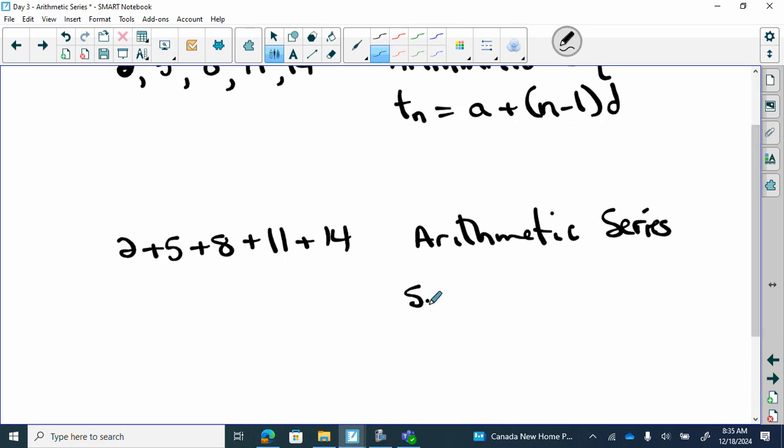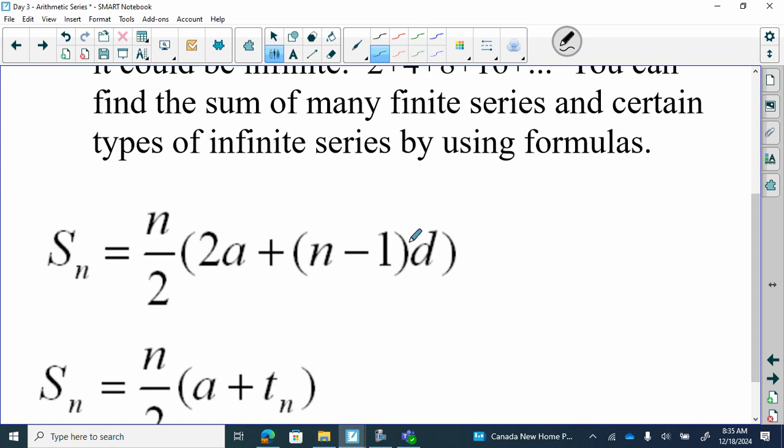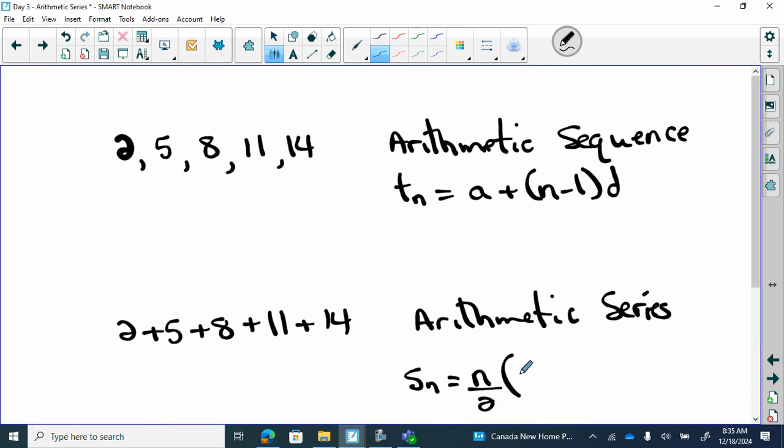And that formula is n over 2 times (2a plus (n minus 1) times d). 2 times the first term plus the number of terms minus 1 times the common difference. Now, if I'm doing this in the brackets, I would do the inner brackets, then multiply by d, then figure out what 2a is, add those together, and then multiply by n divided by 2.